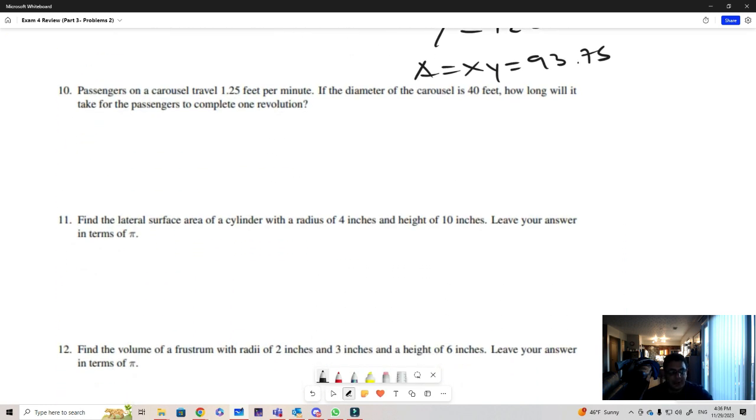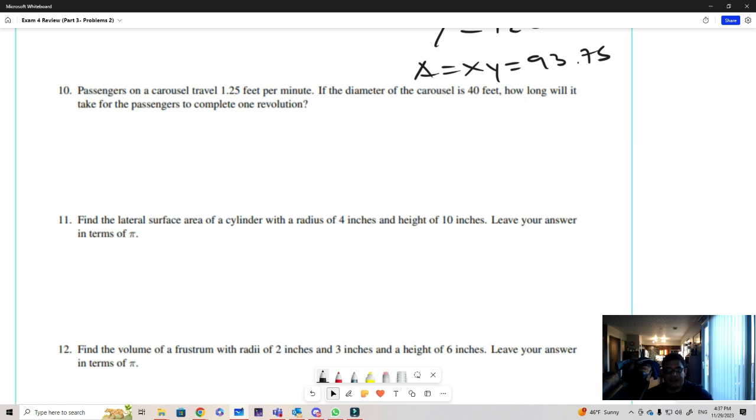Now for the last 3 problems, we have different things that are related to area and volume. So for the first one, we want to calculate what it takes for passengers in a carousel to complete 1 revolution. So a carousel is a circumference, and we are going through the circumference at 1.25 feet per minute. That's what we cover in the movement.